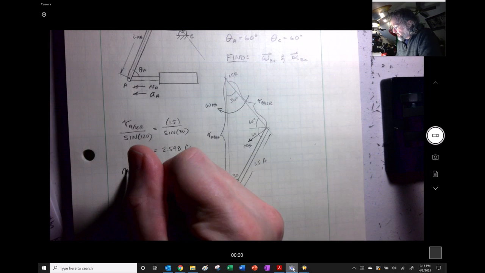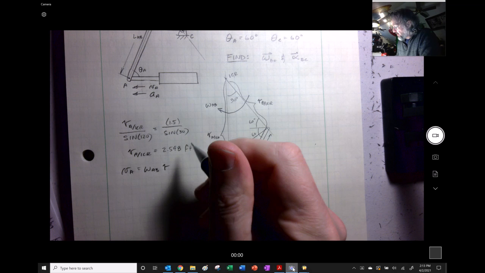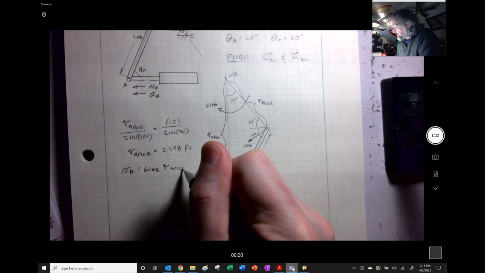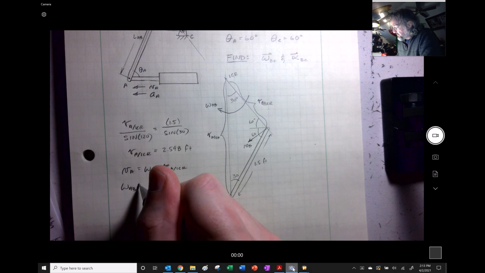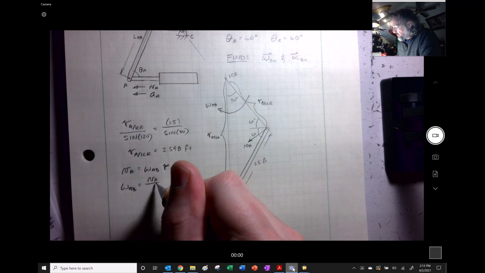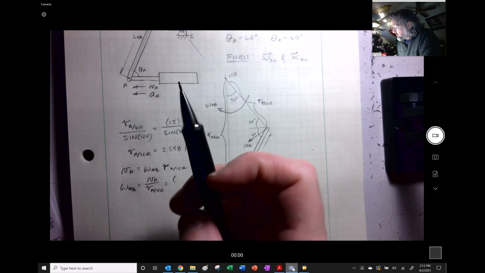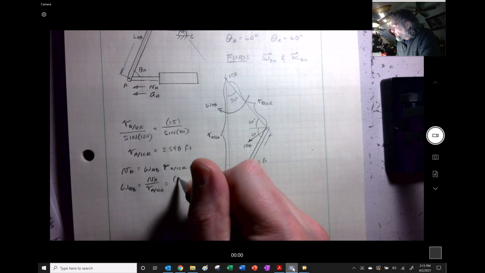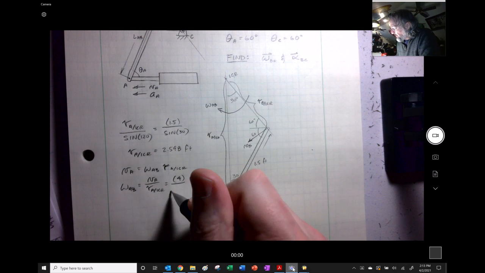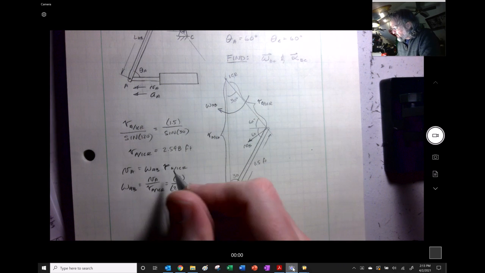So therefore, because I know that VA is equal to omega AB times R A with respect to ICR, I find omega AB is equal to VA over R A with respect to ICR, or 4 feet divided by 2.598 feet, 4 feet per second right here.